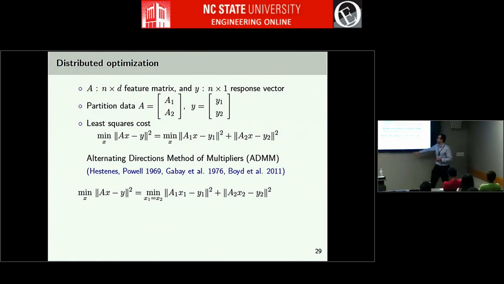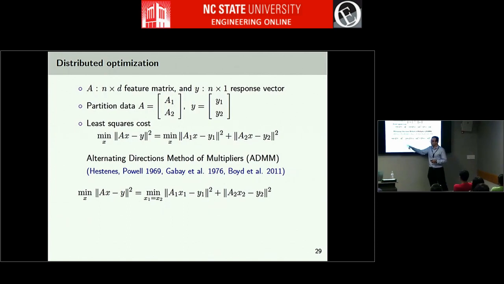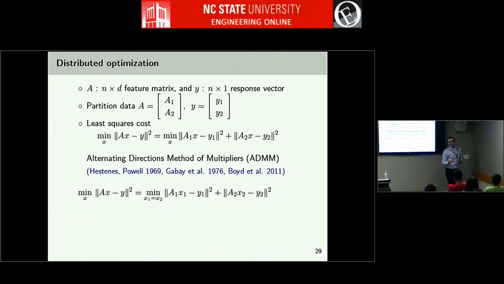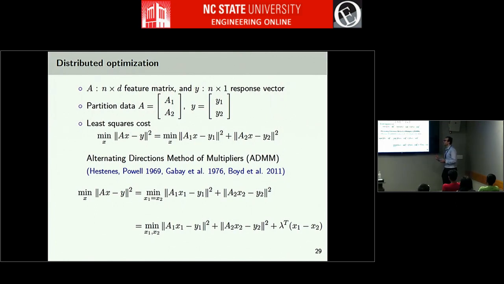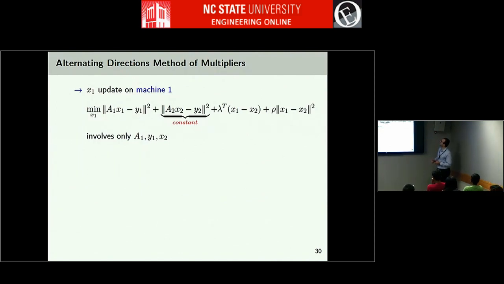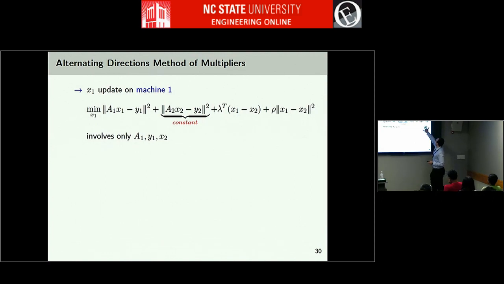And then you just take this equality constraint and put a Lagrange multiplier. You will enforce equality by this Lagrange multiplier. But now I have to update my lambda, my Lagrange multiplier parameter, so that x1 equals x2. So on the first machine, you do this update, and you also add this term for stability.